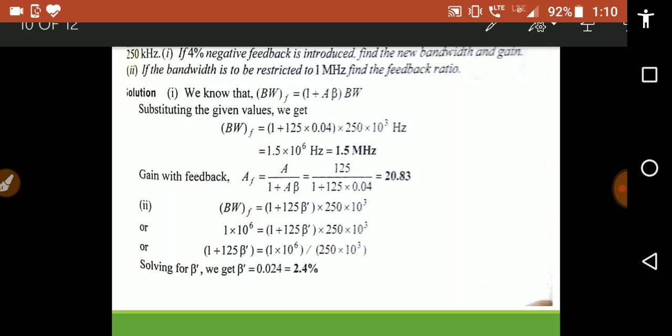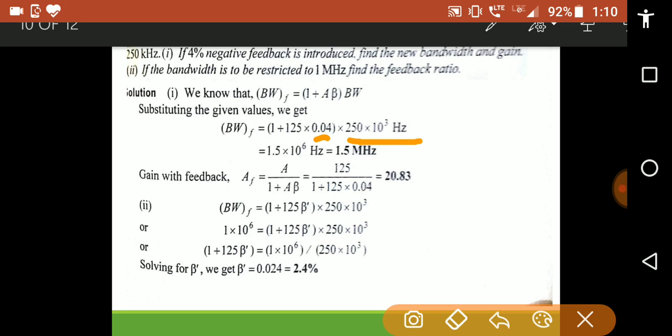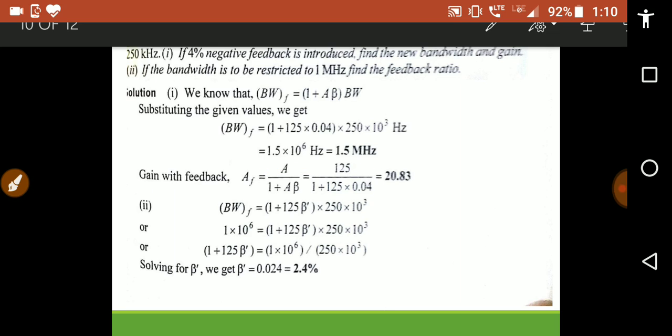Here gain A is 125, beta equals 0.04 and frequency is 250 kilohertz, meaning 250 into 10 to the power 3. So we have the value 1.5 into 10 to the power 6, equal to 1.5 megahertz. So this is the bandwidth with feedback, which is 1.5 megahertz.